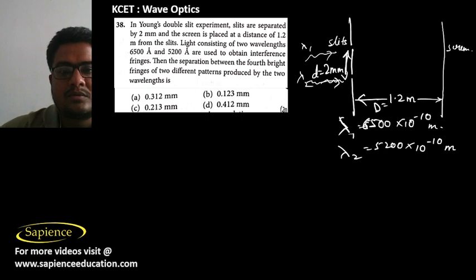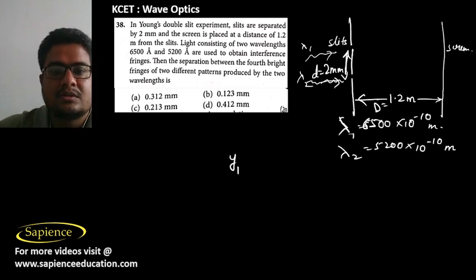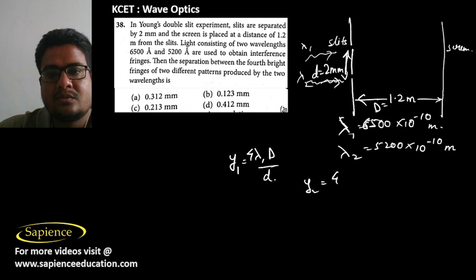Let's suppose I call the first one y1, that is the fourth bright fringe, 4 lambda 1 D by d, and y2 that is 4 lambda 2 D by d.